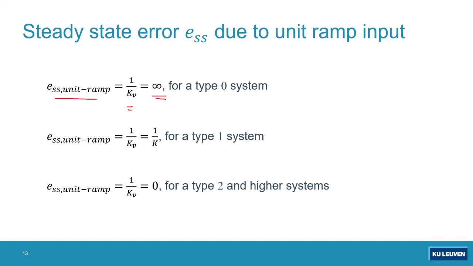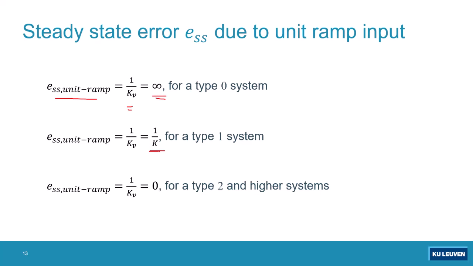While for type 1 system, we will have a finite steady state error here if, again, a unit ramp input is given to the unity feedback system. Similarly, of course, for type 2 and higher, we will have a zero steady state error when a unit ramp input is given.